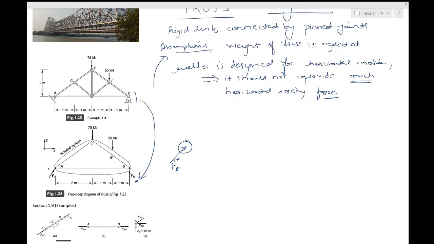Now, since the truss is a planar system, lying in the plane of your screen, the loads are acting in that plane, and hence by the same logic as the previous one, FA and FB must also lie in the same plane. Because it's a planar system, they must satisfy the planar system equilibrium equations 1.7 and 1.8.